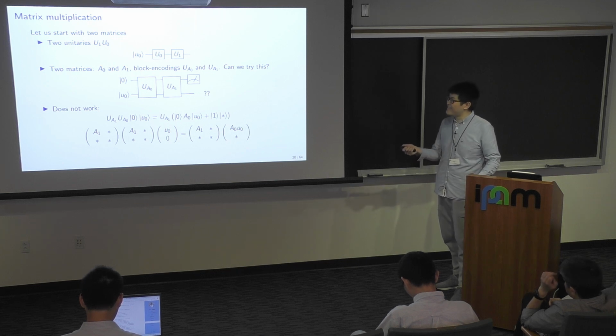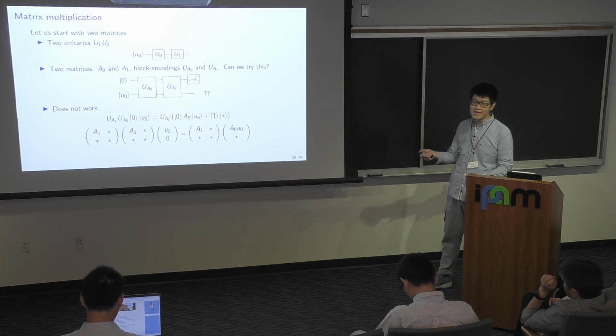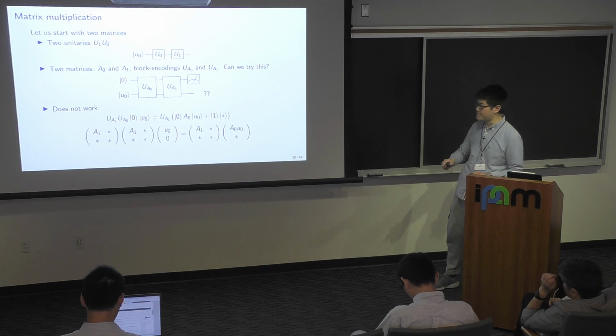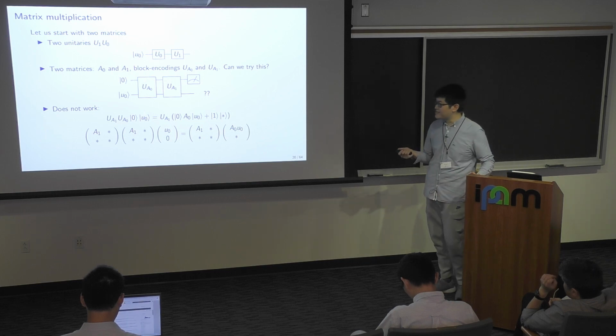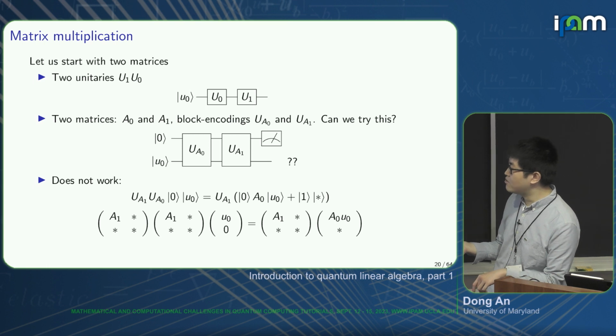Actually, we cannot do the same thing, because if we just directly replace the unitary by its block encoding and use the same ancilla qubit, then the second application of the block encoding will destroy your first quantum state. So let's see. This circuit is performing U_A0 acting on a state, followed by this U_A1. Let us first do the first operation, that is, applying this U_A0.